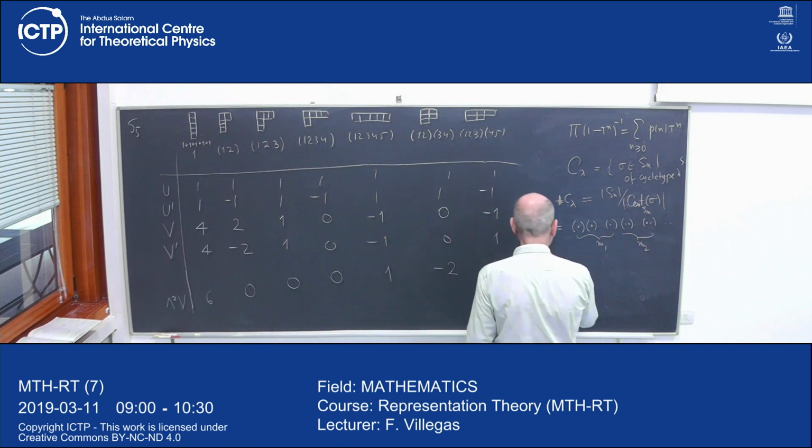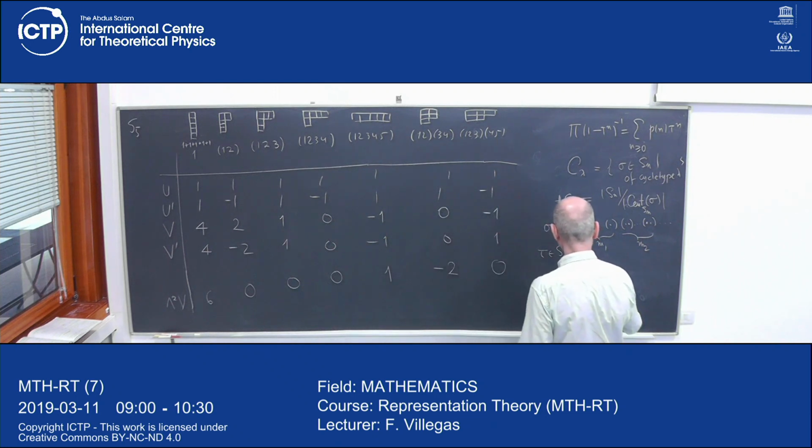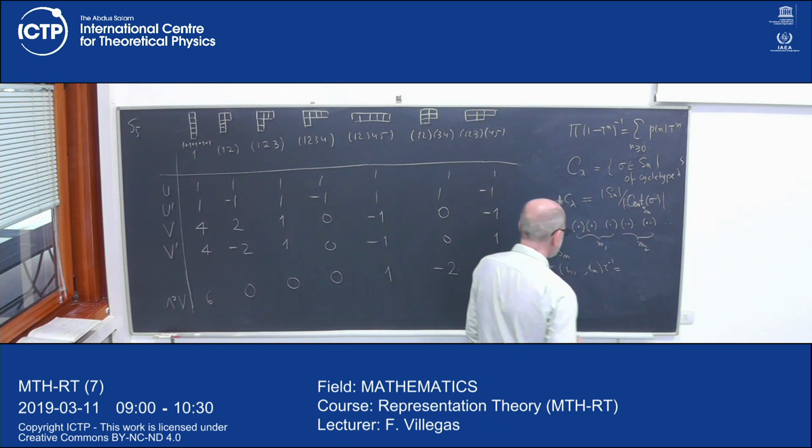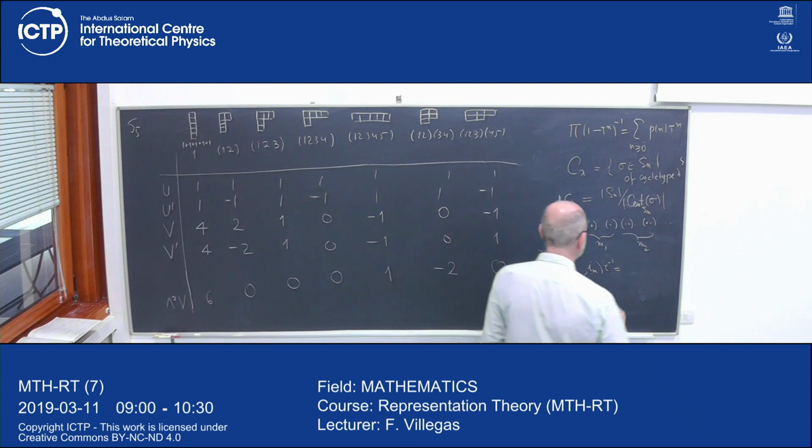And if tau is an element of Sn, tau of a cycle, let's say (i1 ... im), tau inverse, is equal to, let me see if I get this in the right order.